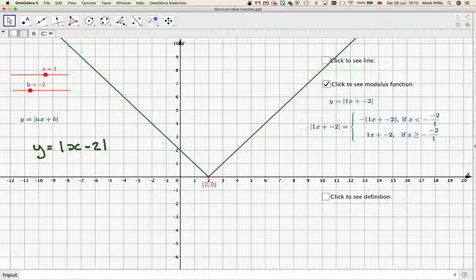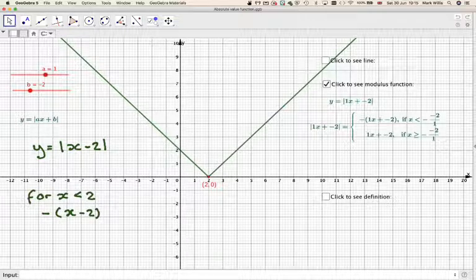Don't forget when you've got minus 2 in a function, it goes to the right-hand side. So this point here becomes what's known as a critical point. So for any value of x less than 2, if I need to find the y value, what I need to do is minus x minus 2.